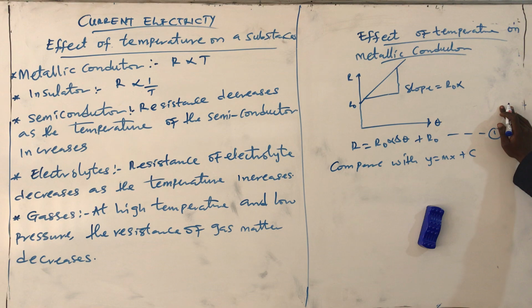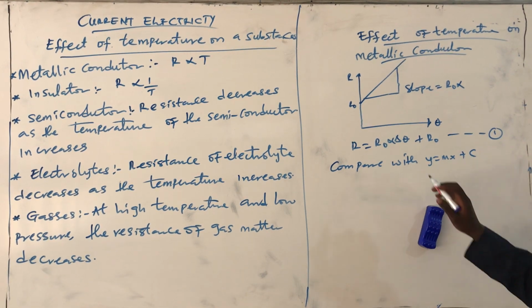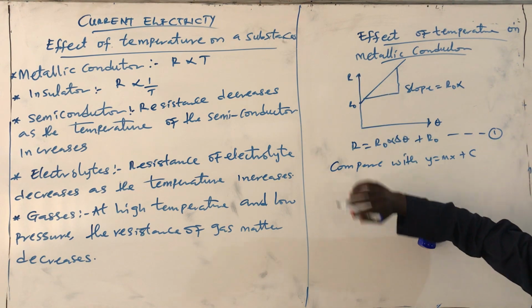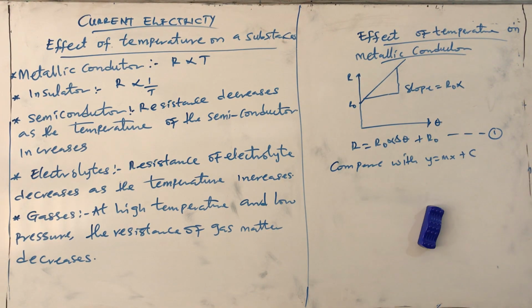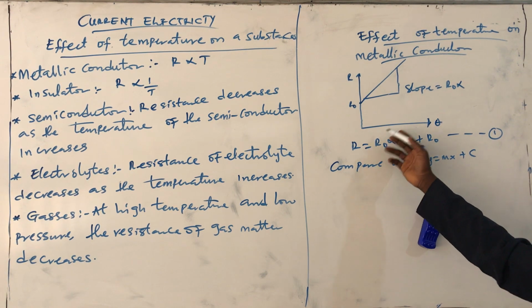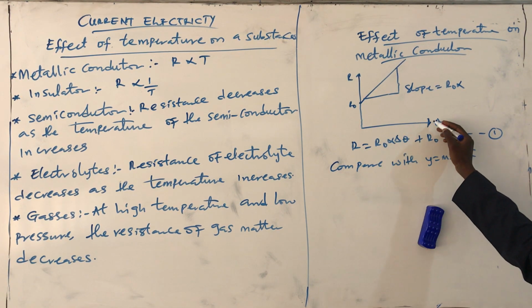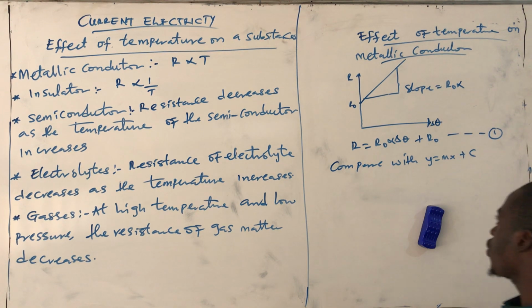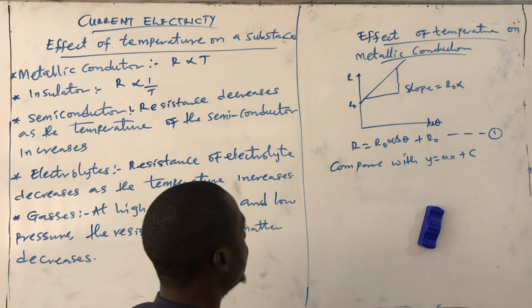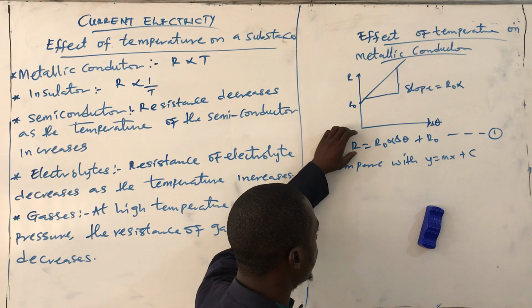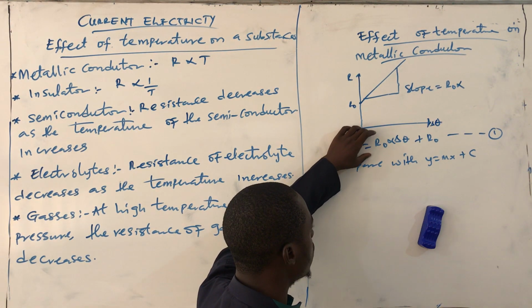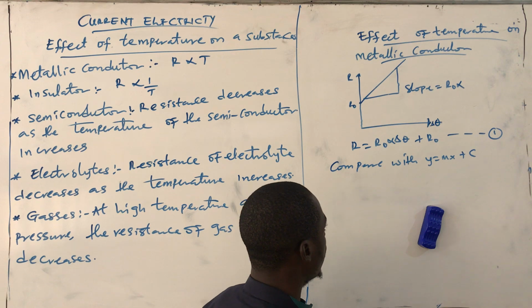So if you have a metallic conductor that has a graph, this is R naught, and this is theta. Actually, this theta means change of temperature, because we are changing it from, let's say, theta 2 to theta 1. Let me just say change in temperature. So the equation of this graph is R equals R naught alpha delta theta plus R naught.